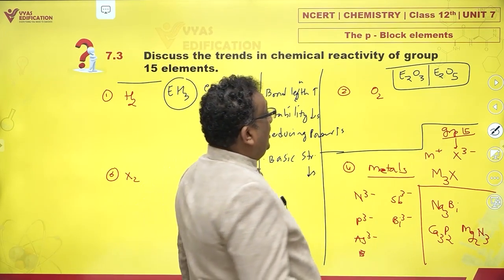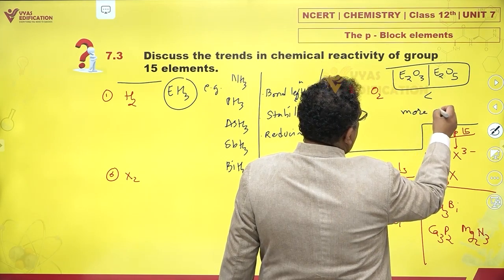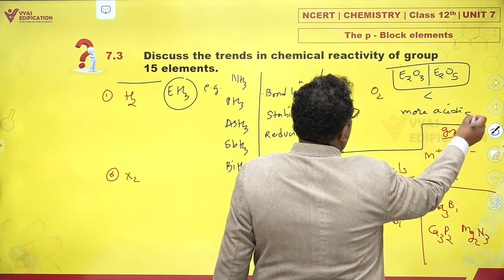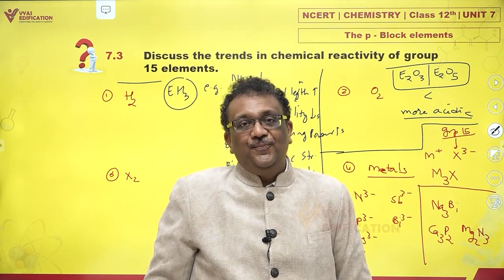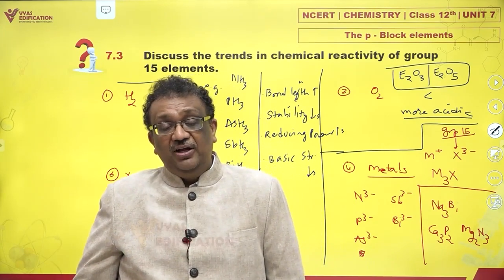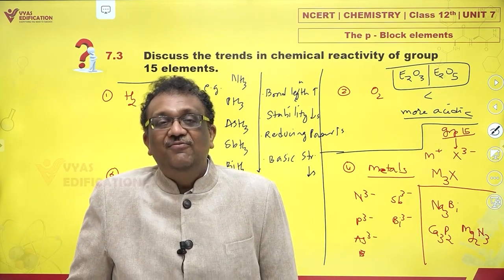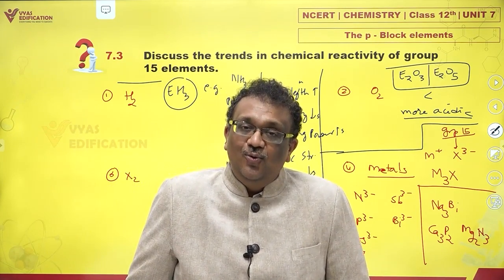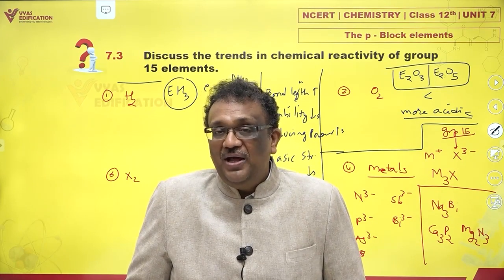And not just that, amongst E2O3 and E2O5, more acidic is the +5 state, and the +3 state is obviously relatively less acidic. But then, this is not the trend of reactivity. I know that this is not the trend, but this is the only thing which is mentioned in NCERT, and this is the only answer you're supposed to give if you want to get marks. This is a match fixed.